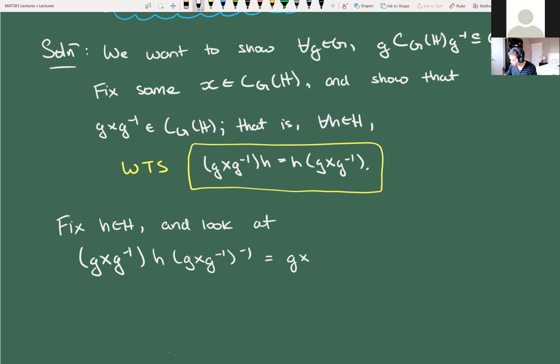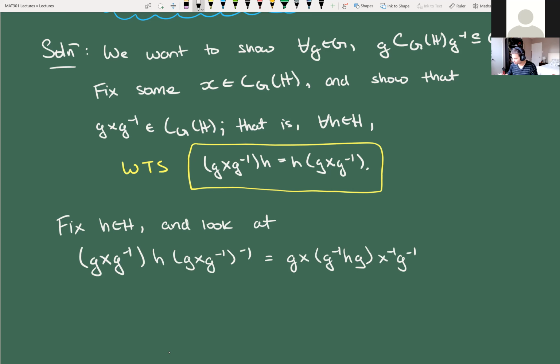So if I expand this out, I get this. And again, I've suggestively expanded it out, and I very suggestively get this g inverse hg term. And that's phenomenal, because now I can use the fact that H is normal.